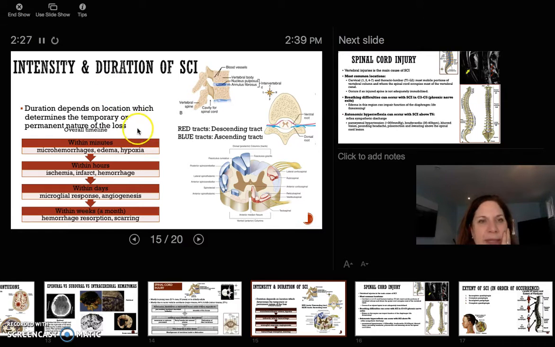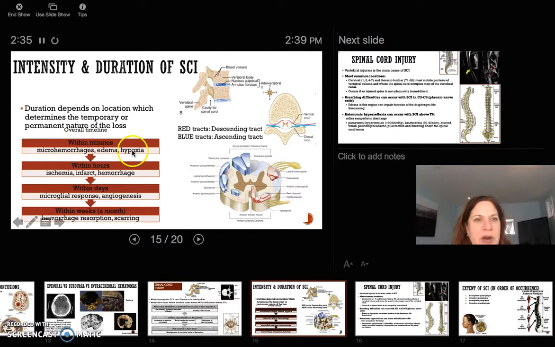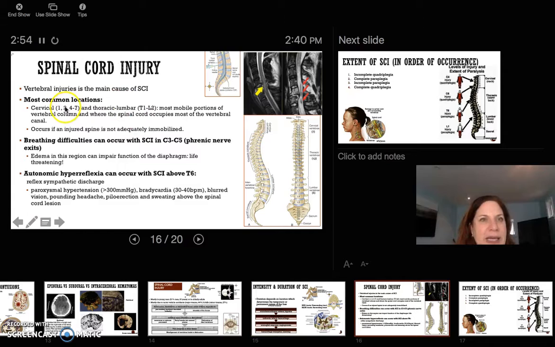So some examples of what happens is within minutes we have small bleeds, swelling, and decreased blood flow to the area. Then we may have no oxygen delivery and then an infarct of that actual tissue and more bleeding of the area. And so depending again on where the damage is, what kind of injury we're going to see.